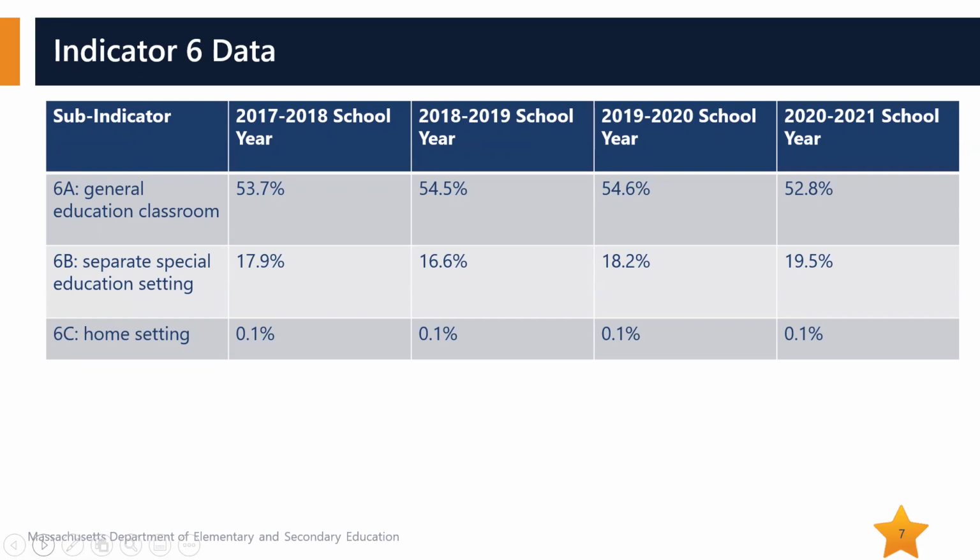However, the percentage increased to 18.2% in the 2019-2020 school year and to 19.5% in the 2020-2021 school year. For 6C, the percentage of children with disabilities receiving most of their services in the home remained the same at 0.1% from 2017 through 2021.